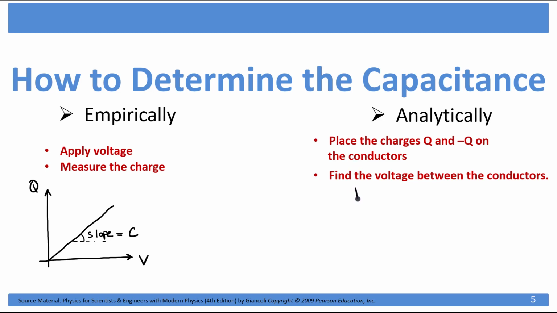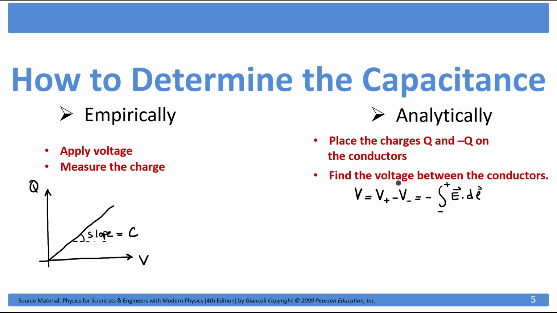For this, we can use this expression. Remember, potential difference, by the way, is going to be equal to the electric potential at the conductor which has the positive charge minus the electric potential at the conductor which is negatively charged. And this is going to be equal to the integral from the negatively charged to the positively charged conductor of E dot dl.